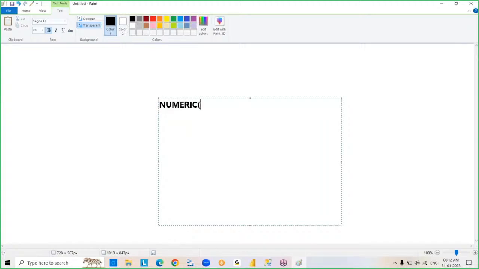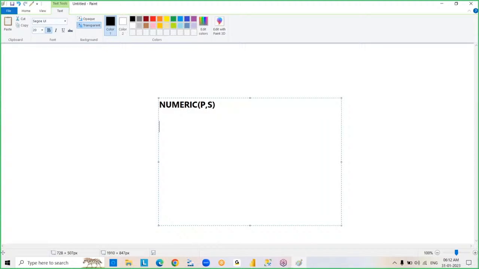Numeric data type. This also comes under number only, numeric of p comma s. Numeric is the data type. P comma s is the length of the data type.